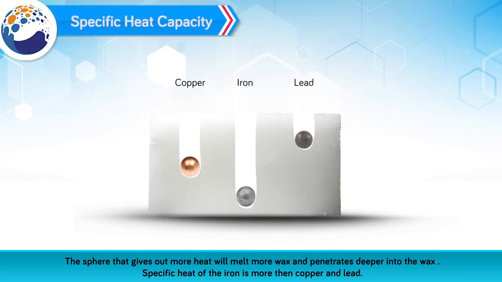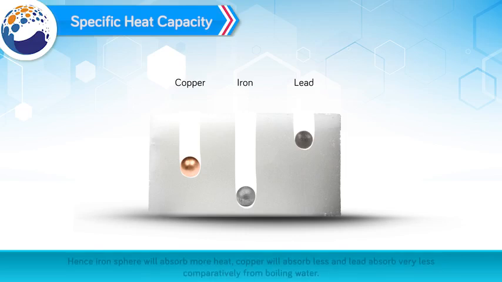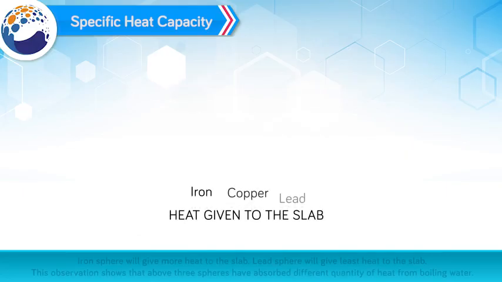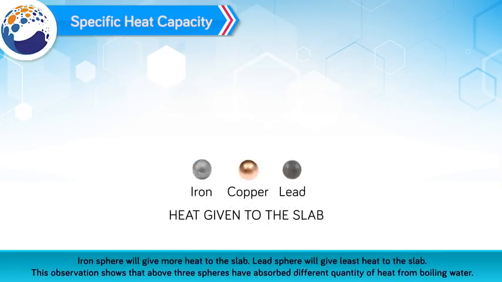Specific heat of iron is more than copper and lead. Hence, the iron sphere will absorb more heat, copper will absorb less, and lead even less from boiling water. The iron sphere will give more heat to the slab, and the lead sphere will give the least heat to the slab.